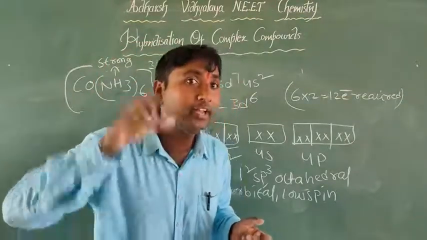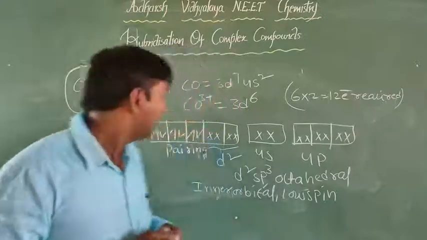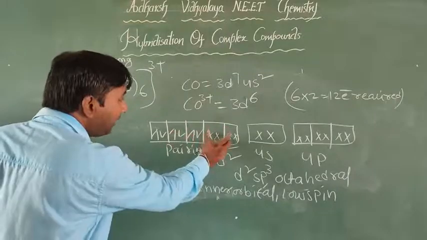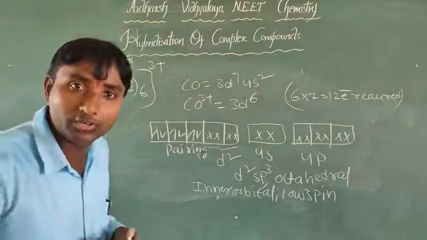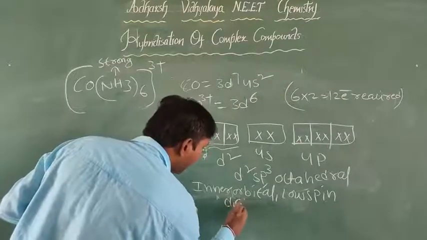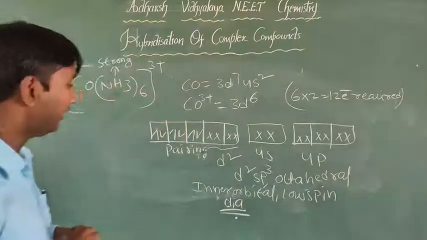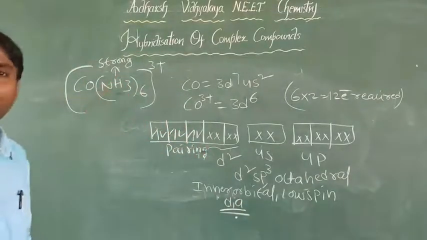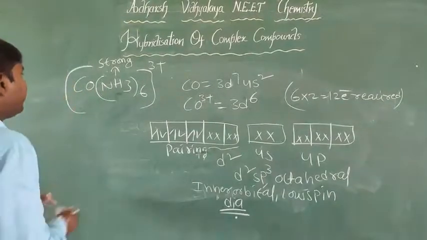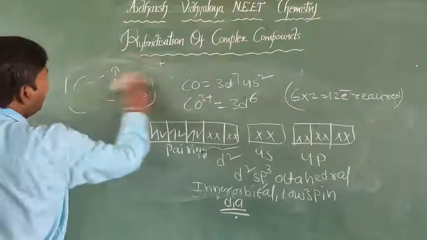So in this d subshell, there are no unpaired electrons. That's why this is diamagnetism. This is about Co(NH3)6 3+. Next, we will take another example.